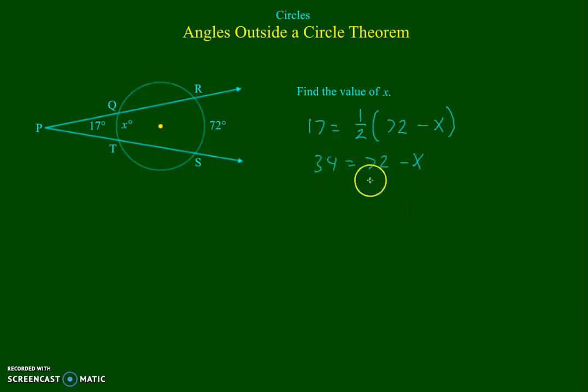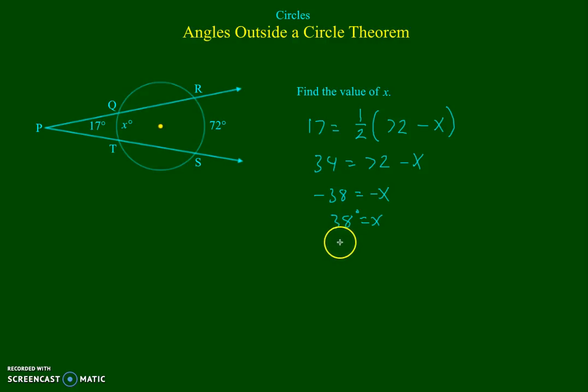Then I can subtract 72, which gives me negative 38 equals negative x. Multiply by negative 1, 38 equals x. So x is 38 degrees. So not too big of a difference, just a little bit more algebra involved.